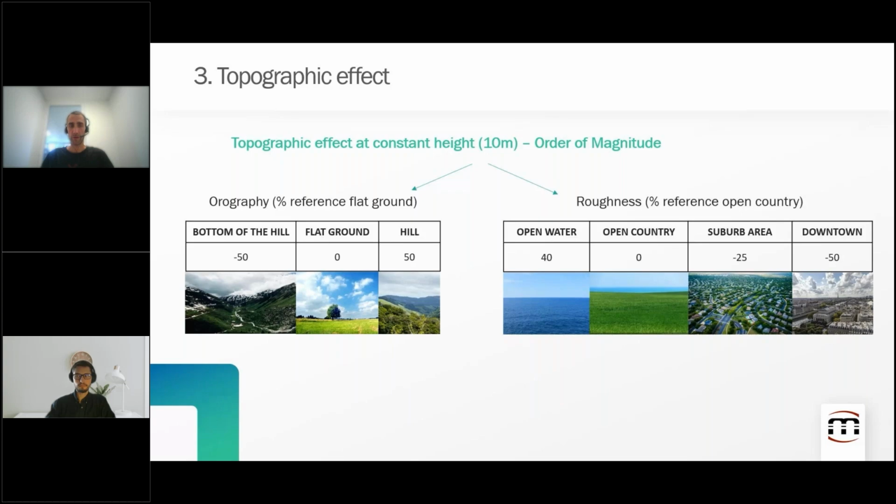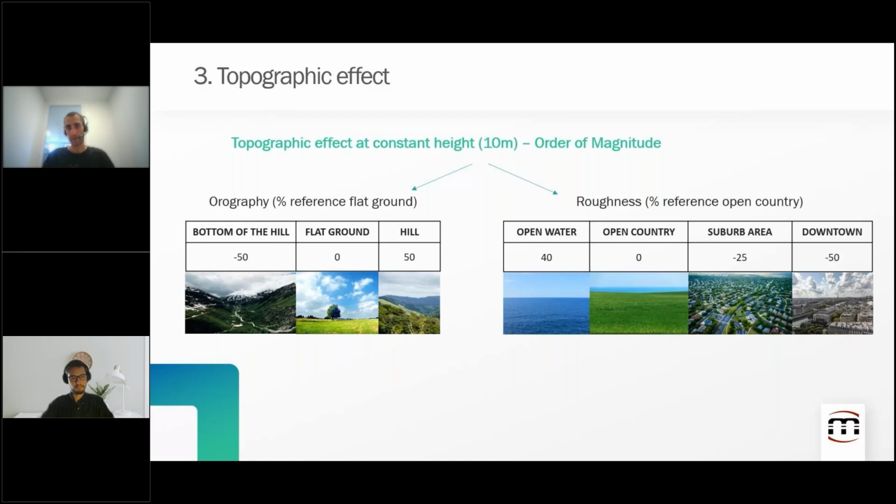If I focus on orography, with flat ground as my reference, and compare with the same land occupation, of course, you will get 50% less wind speed at the bottom of the hill and 50% more wind speed at the top of the hill. Here we are talking about the mean speed, but you also have to consider the wind direction, which is affected by the orography. So this is for orography.